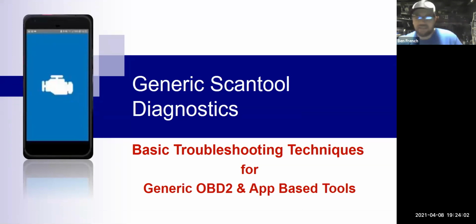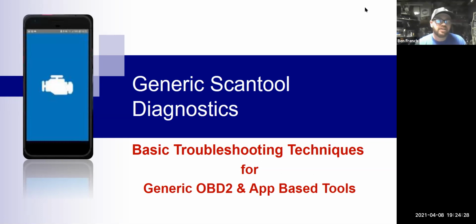Okay. So, generic scan tool diagnostics. That is what we're going to talk about tonight, and I'm really trying to utilize our cell phone based or OBD2 generic scan tools. So remember, OBD2 is '96 and newer.